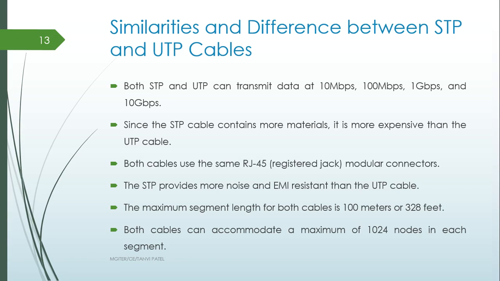Both cables use the same RJ45 connector. The STP provides more noise and EMI resistance than the UTP cable. The maximum segment length for both cables is 100 meters or 328 feet. Both cables can accommodate a maximum of 1024 nodes in each segment.